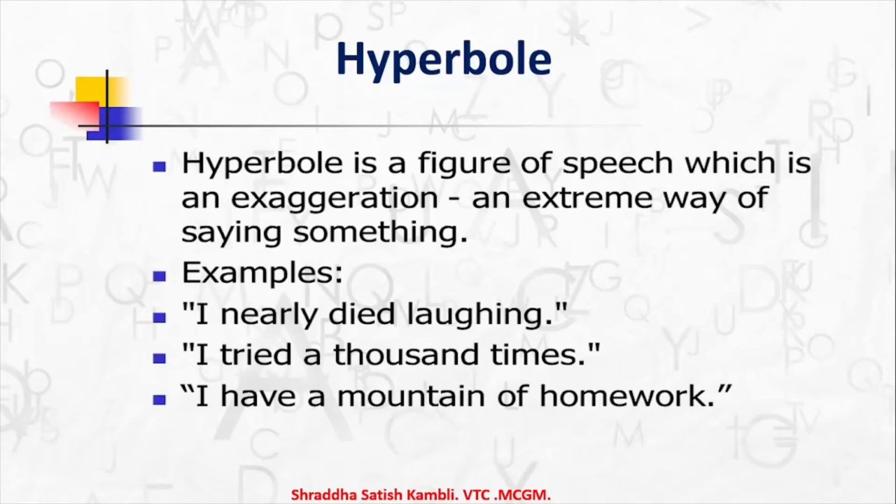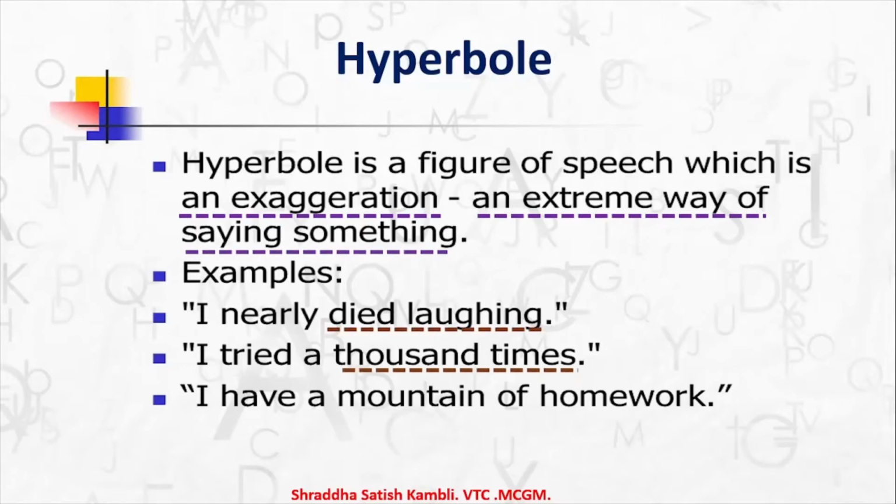Okay, for example, look at the first example. I nearly died laughing. So it is an exaggeration. How is it an exaggeration or an extreme way? See, died laughing or 1,000 times. Died laughing means, see, can you ever die laughing? So here you will see Donald Duck laughing.